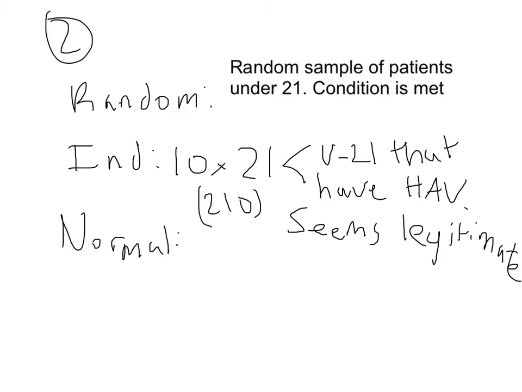However, because it's greater than or equal to 15, we will check if there's any major skewness. However, there can be no outliers whatsoever. And as you can see in the last sentence, it says a dot plot of the data reveals no outliers or strong skewness.